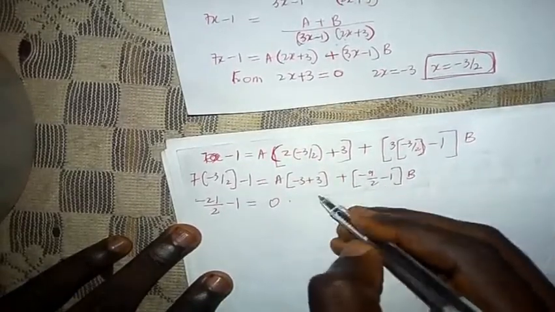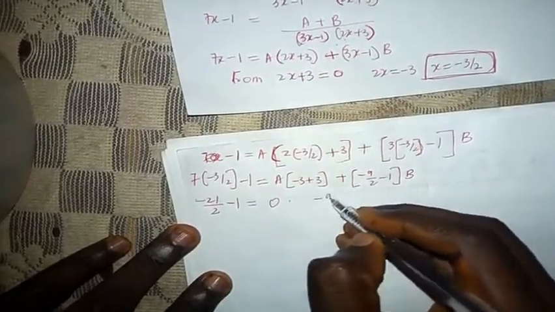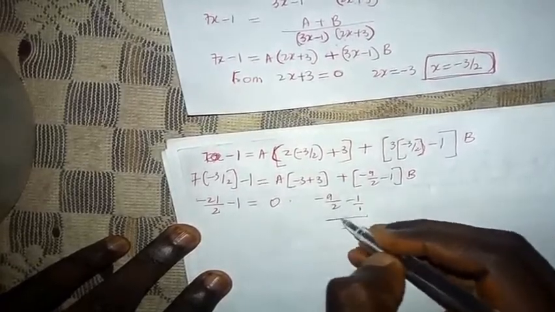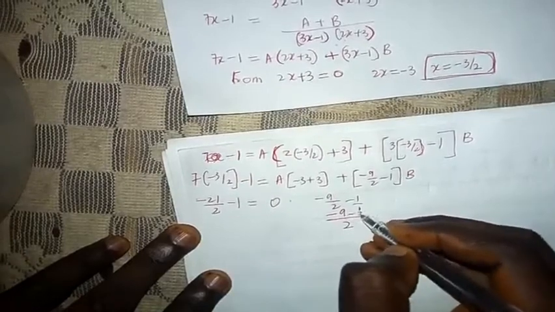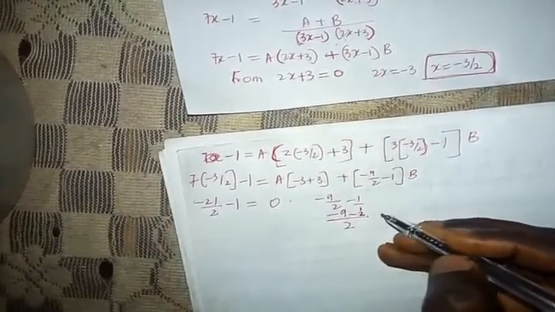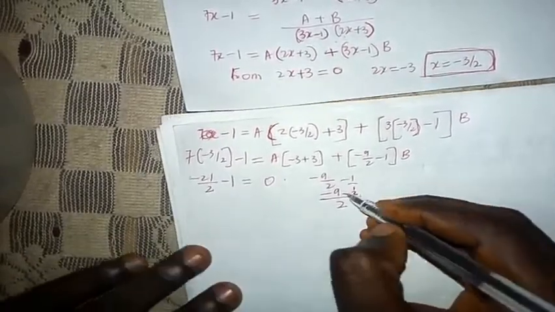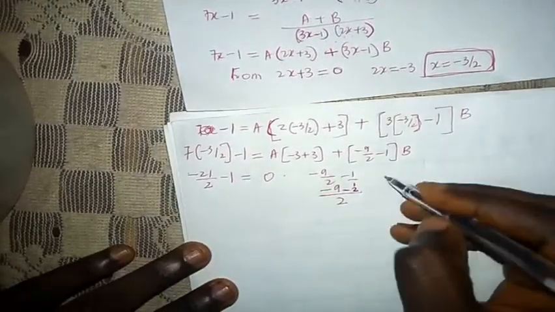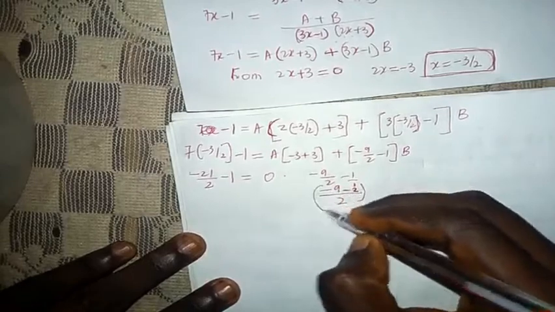Let's solve using minus 9 over 2 minus 1 over 1. That's minus 9 minus 2, that's minus 11 over 2, times b.